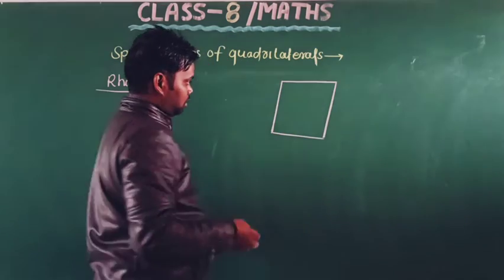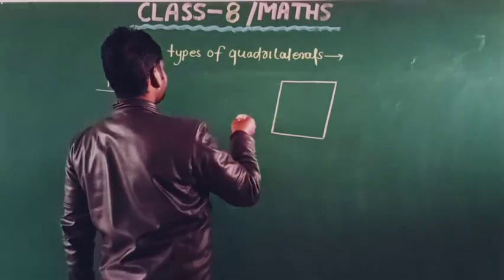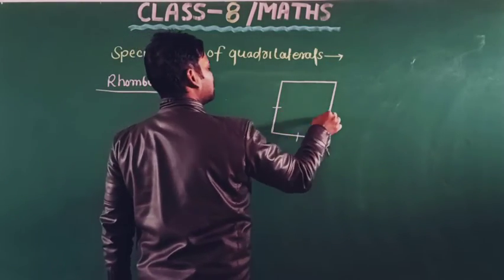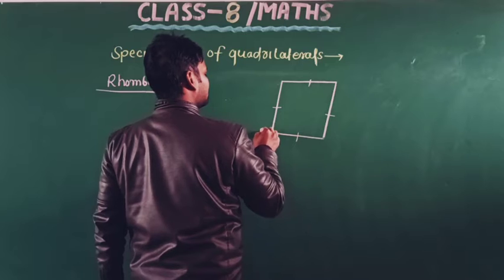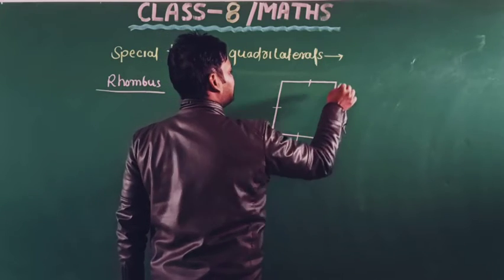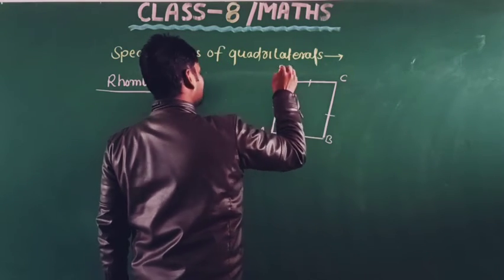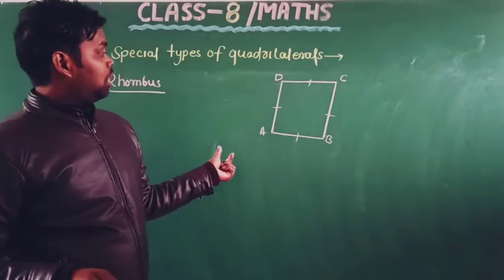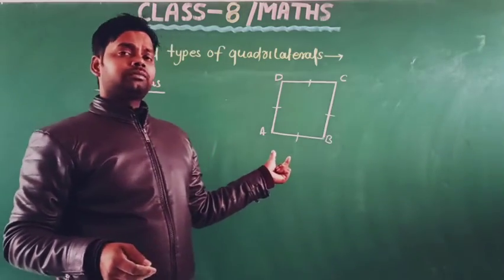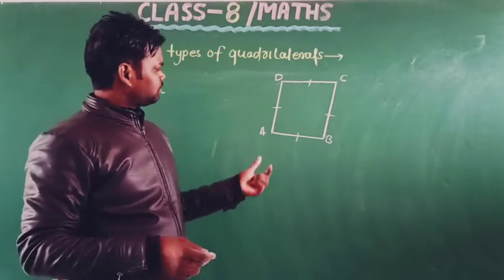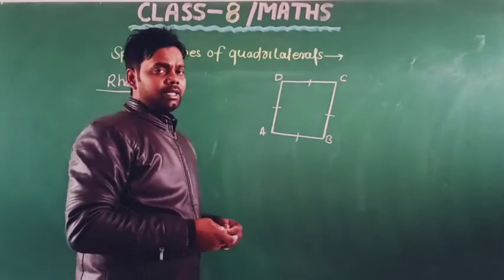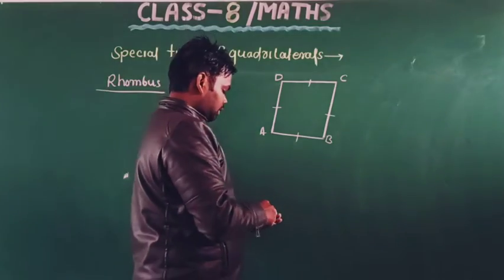So this is a figure of rhombus ABCD. All sides are equal. Okay, and its properties.